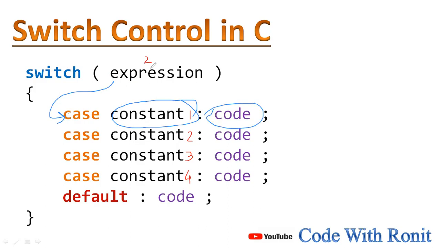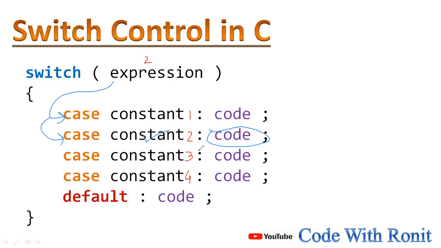But it is 2 and it is 1, so it is not matched. So control will come here. Now you can see here it is 2. So our case got matched. So this statement will be executed because this case has been matched.